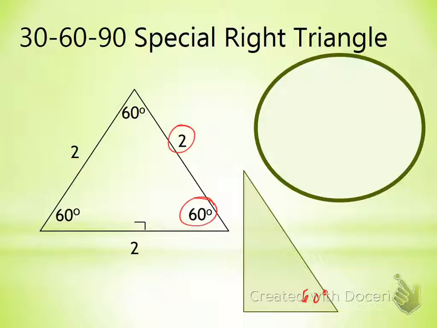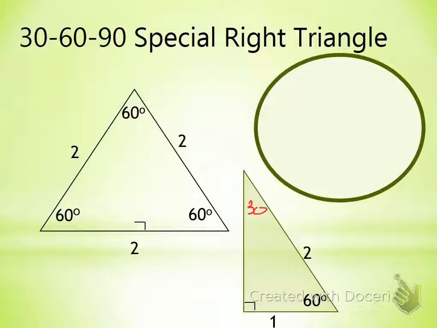This side length of 2 would now be this. And then, since we're cutting this equilateral triangle in half, the side length here, that's 2, this whole side is 2, now it's going to get cut in half and make this a 1, so that we end up with a triangle that looks like this. Okay? This is your 30-60-90 triangle.